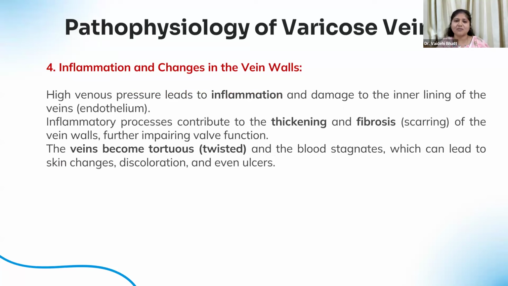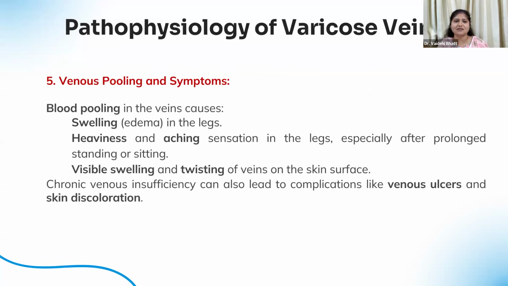If it remains for a longer time, the veins become tortuous and blood remains stagnant in the same place. That's why skin changes will occur. There will be itching, discoloration, and thickening of the skin, and that will lead to injury, and injury will lead to formation of ulcers.